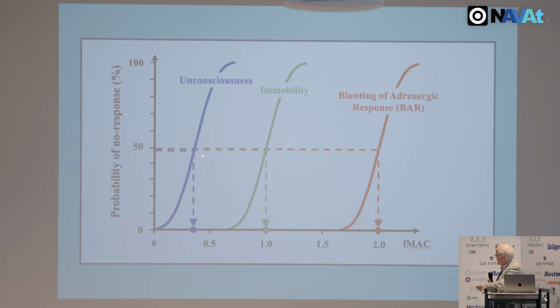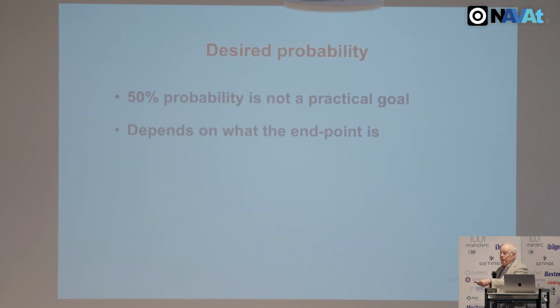You need higher concentrations for that, higher partial pressures, than for unconsciousness. Finally, you have a third curve, the BAR dose response curve. And these are the 50% probability of response versus no response in these patients. So this is a very standard graph that I'm sure everybody has seen. But 50% probability is not a practical goal.